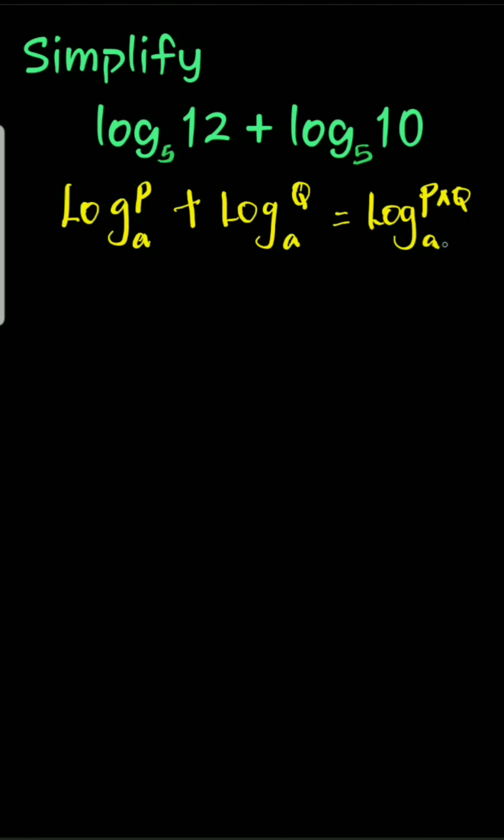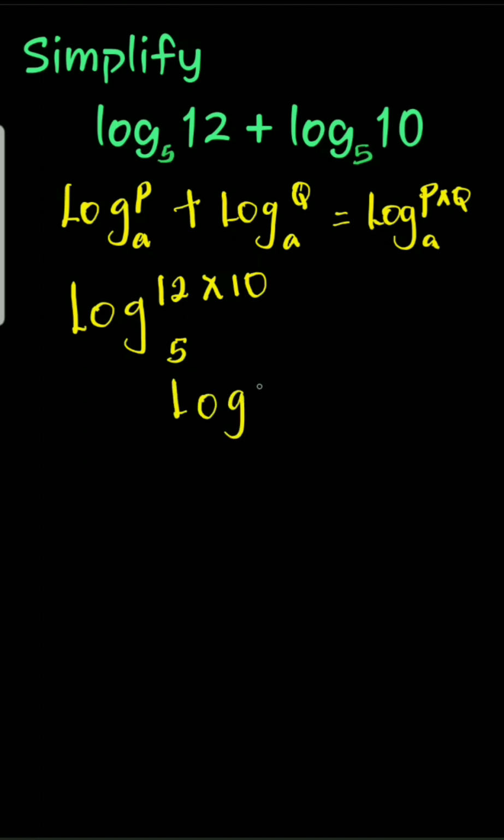This specifically is for addition of logarithms of numbers in the same base. Applying that law here, it becomes log 12 times 10 in base 5. Simplifying this, 12 times 10 is 120, so we have log 120 base 5. And so we are through with this.